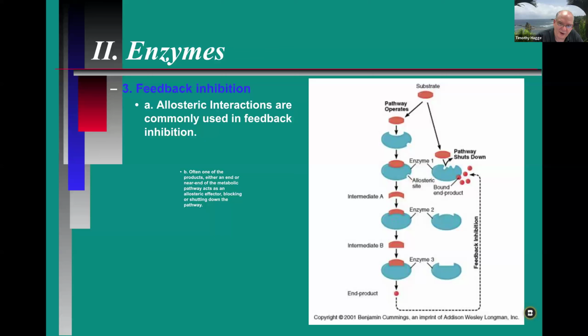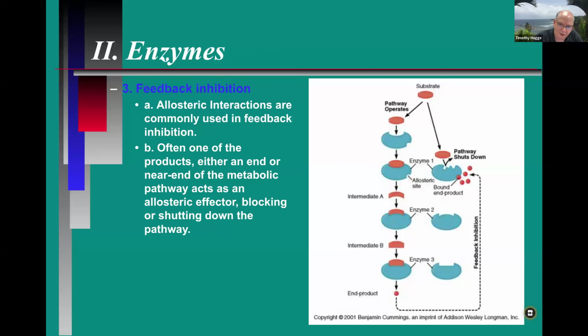And this type of regulation that we were just talking about, where we're turning off the metabolic pathway using competitive inhibition or allosteric binding of the product, is a type of feedback inhibition. Again, the cartoon here on the right is showing our enzyme-catalyzed reactions.